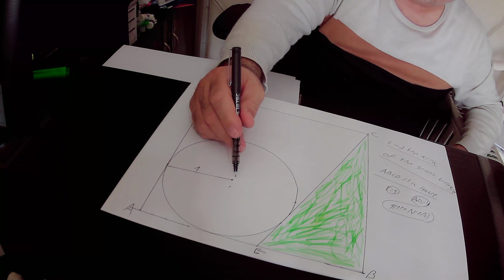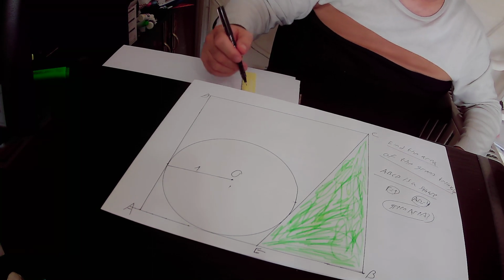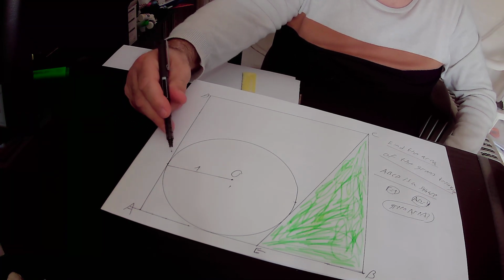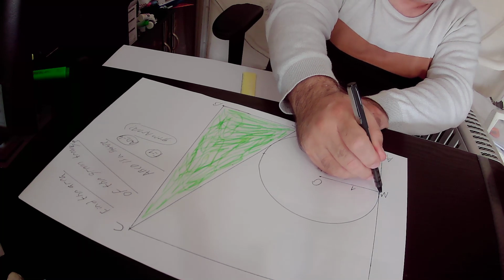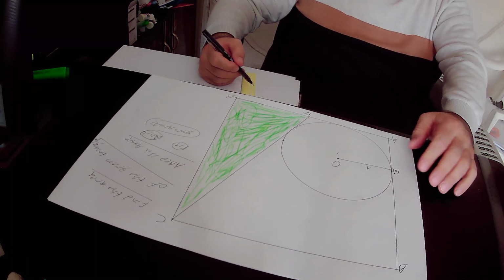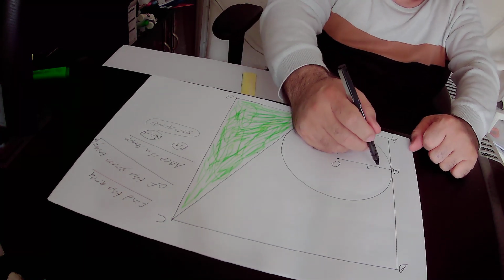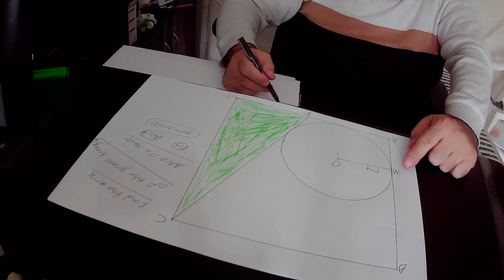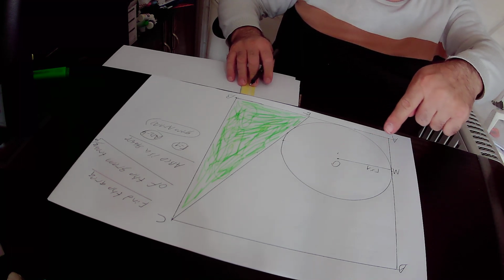We will define the center of this circle as point O, and we will define the touching point of tangent AD with this circle as point M. Point M is the point of tangency of tangent AD with this circle, and the radius OM is drawn to the point of tangency.